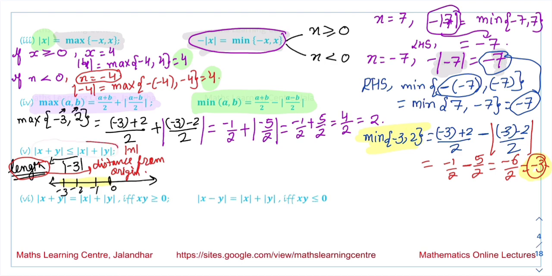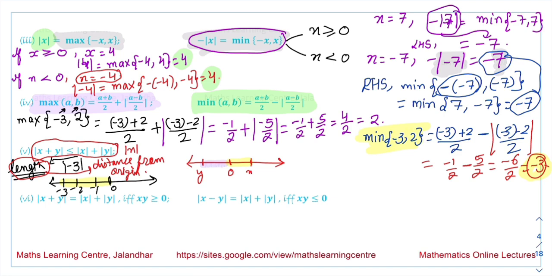So if we look at this formula, mod of x plus y is less than or equal to mod x plus mod y. Suppose we are talking about two numbers x and y. This is the origin, this is x, and say this number is y over here. So the distance of O from x, and the distance of O from y, is always greater than or equal to the distance of this.